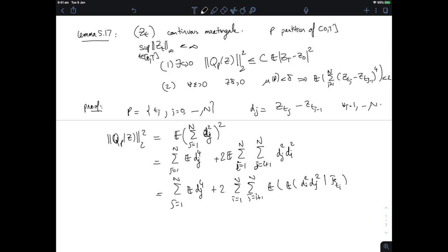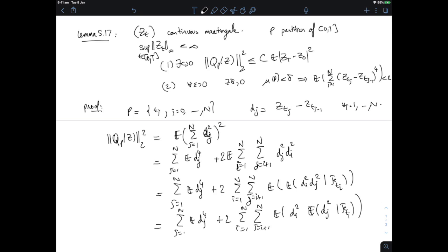Now j is above i, at least i plus 1, so d_j may not be F_{t_i} measurable. d_i squared, on the other hand, is F_{t_i} measurable. So the point of that is that I get the sum i equal 1 to n, sum j equal i plus 1 to n, of the expectation of d_i squared times the conditional expectation of d_j squared given F_{t_i}.